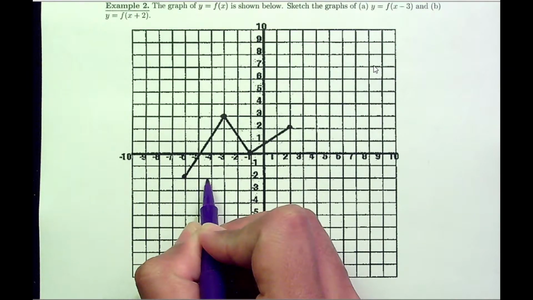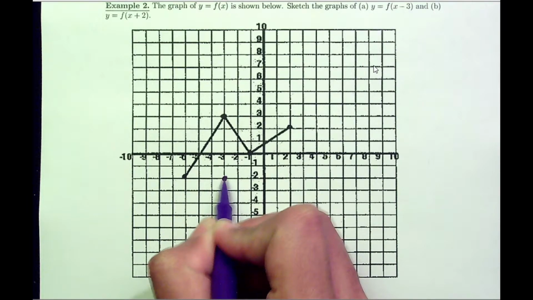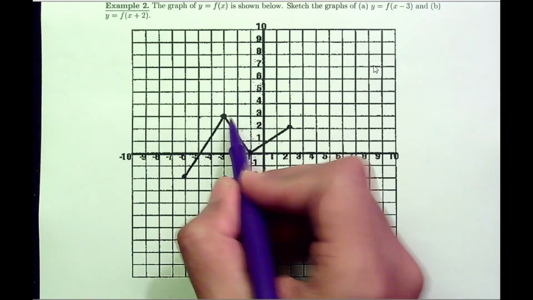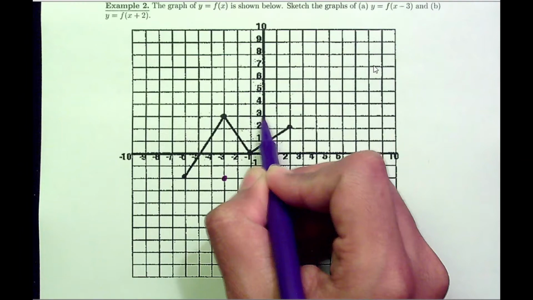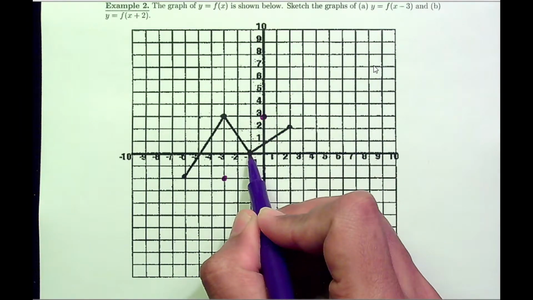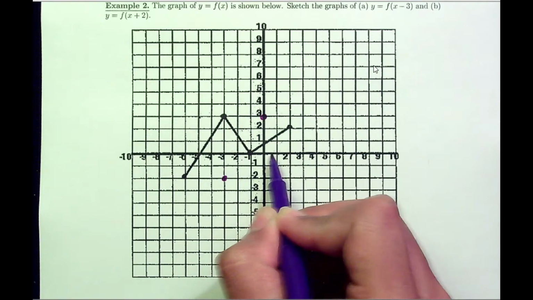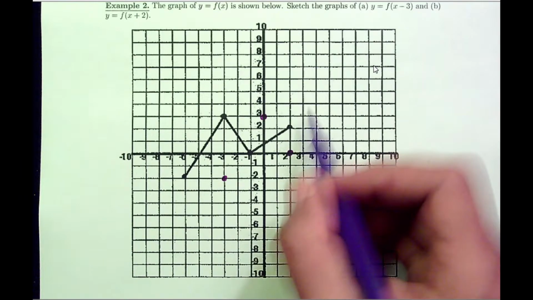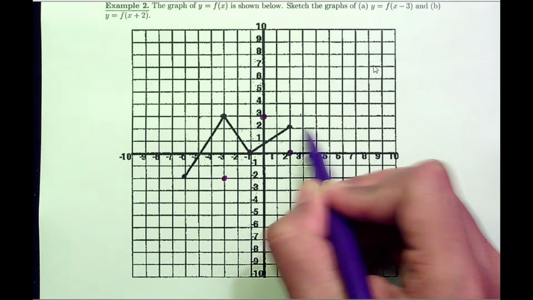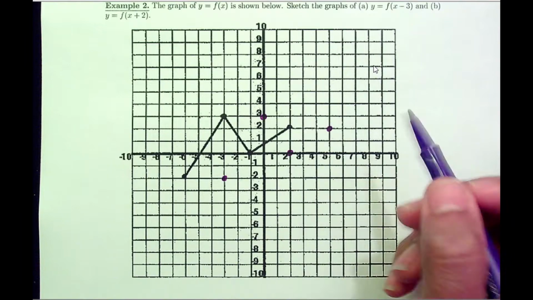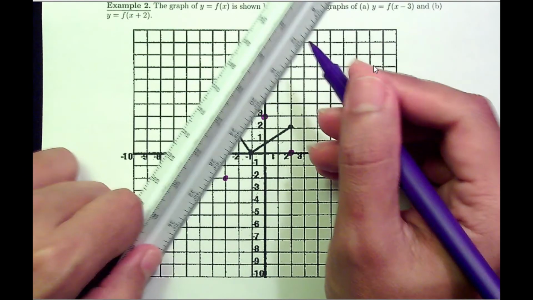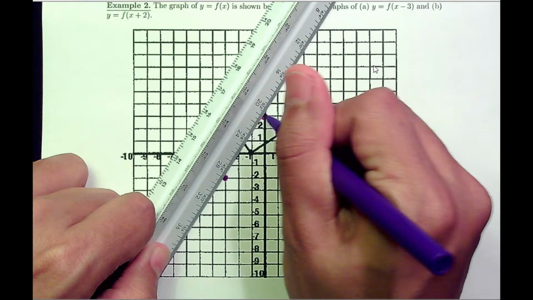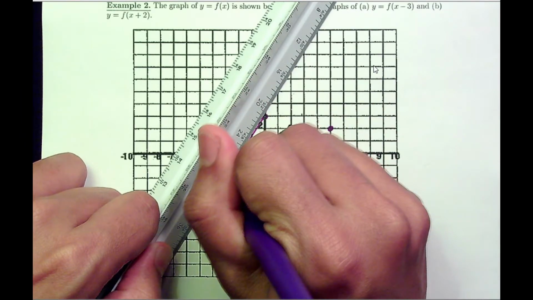1, 2, 3. Now the next one, 1, 2, 3. The next one is this one, 1, 2, 3. And the next one is this one, 1, 2, 3. Okay, now let's connect those dots, and that's our graph.